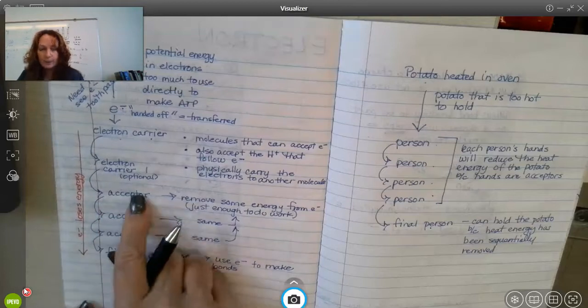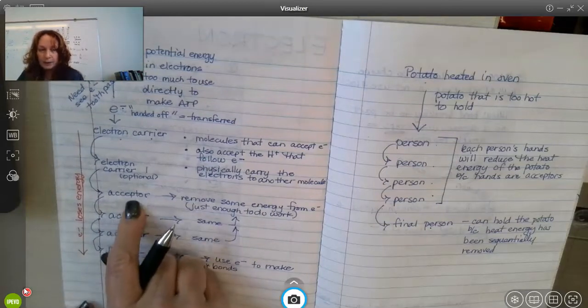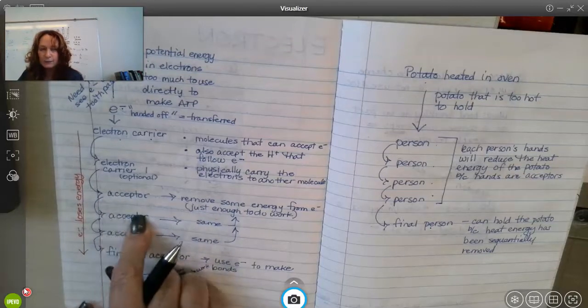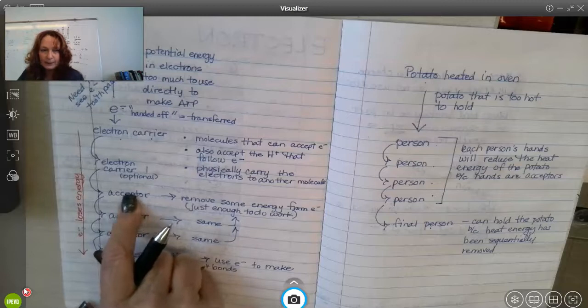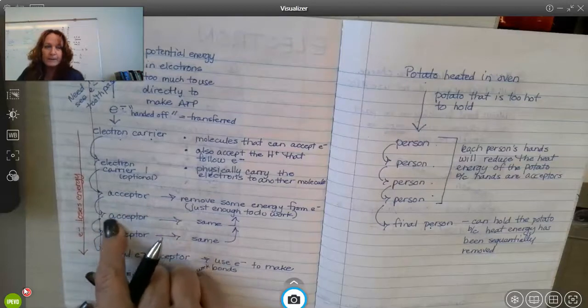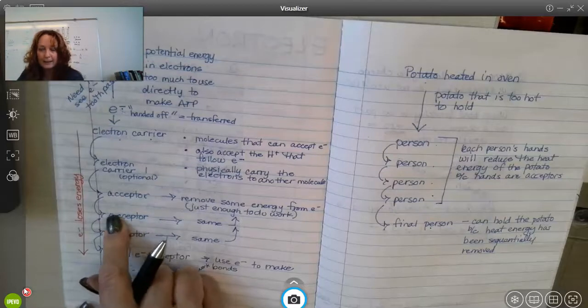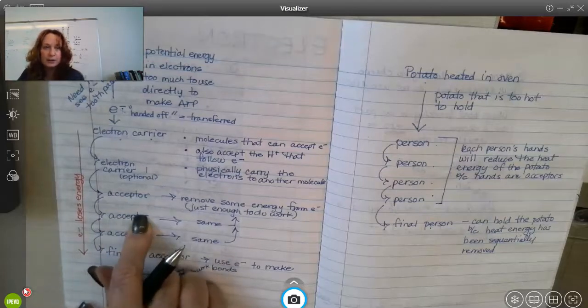So when the acceptor here passes the electron to this acceptor, this one that I'm pointing to lost an electron. Now it's in its oxidized state. This acceptor here took the electron, gained it, so it's in its reduced state.